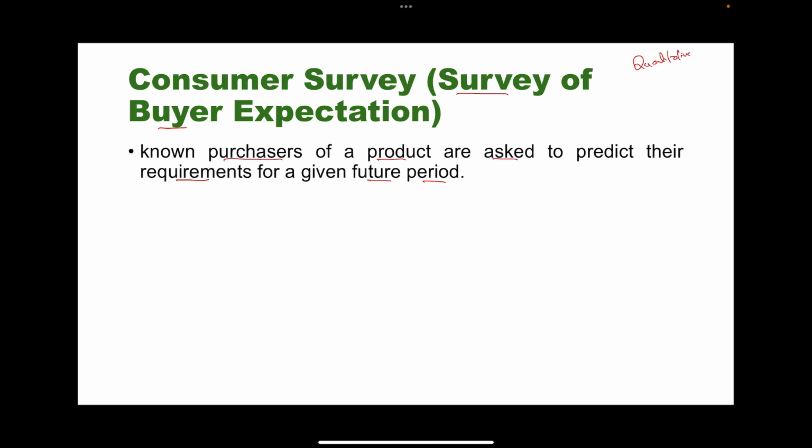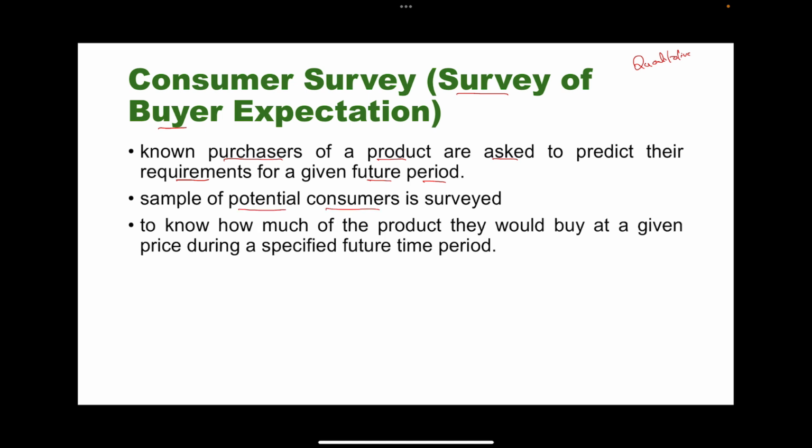So the regular customers are asked about their prediction for the future period. Based upon that, we will predict the forecast. For this, a sample of potential consumers is surveyed to know how much of the product they would buy at a given price during a specified future time period.